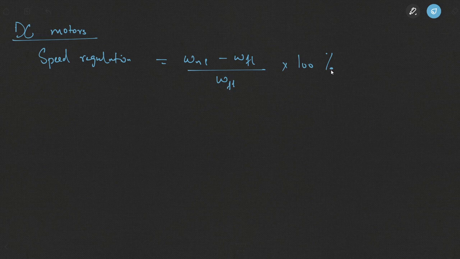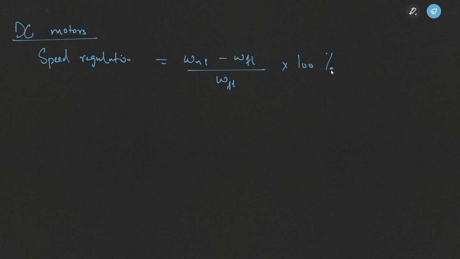If there is a positive value of the speed regulation, that means omega no load minus omega full load is positive. That means the motor speed falls as the machine is loaded. If the speed regulation is negative, that means omega full load is greater than omega no load, so the motor speed increases with the increase in load.